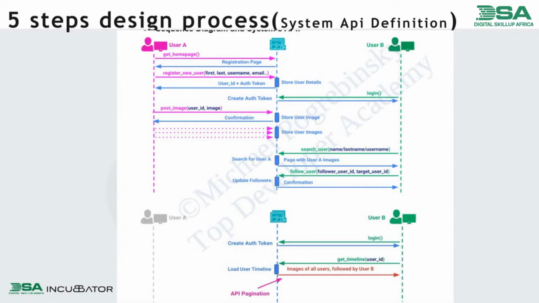Now, when user B comes back and logs into our system, they should be able to see the news feed of all the images that user A and all the other users that user B is following have posted. And it is sorted by what? The timestamp. So that means at the time every activity is happening, there's a time appended to it.